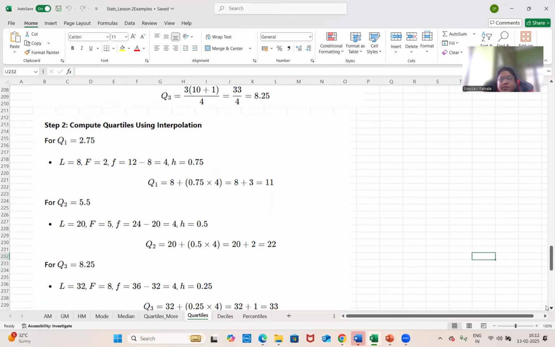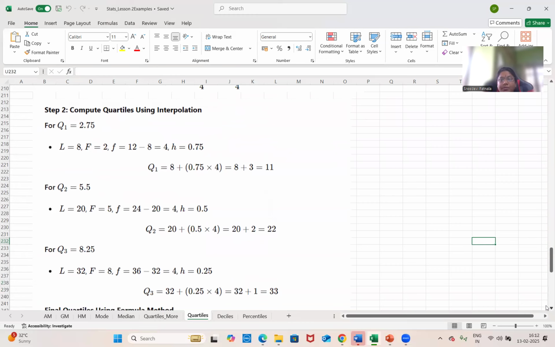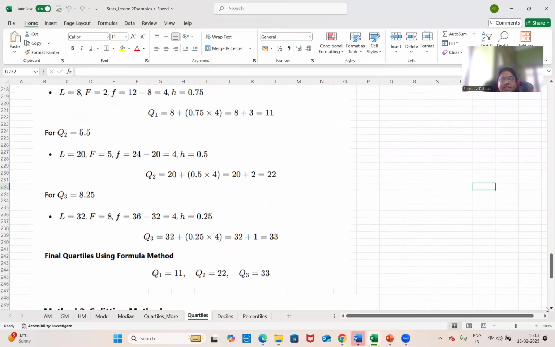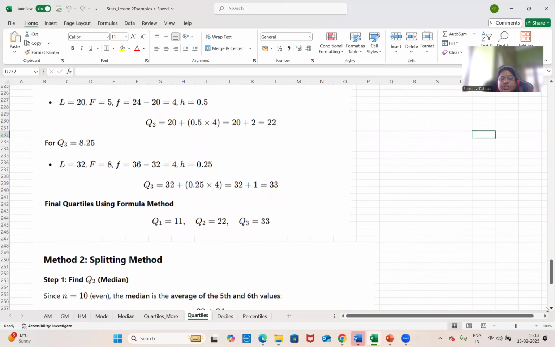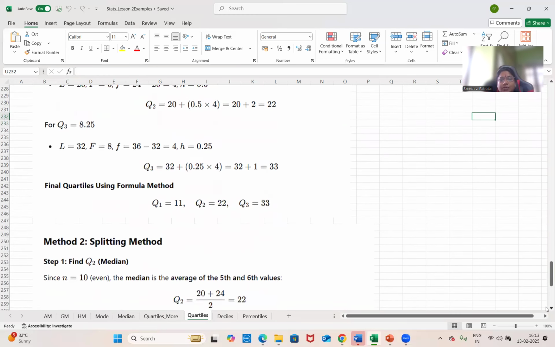Similarly 5.5, which I told you lies between the fifth and sixth position, with small f, h, L: 0.5 becomes your h, and the value before it becomes your capital F value. Q3 is also similar; it comes between the 8th and 9th positions, 32 and 36. You identify the values and you get the Q1, Q2, Q3 values.